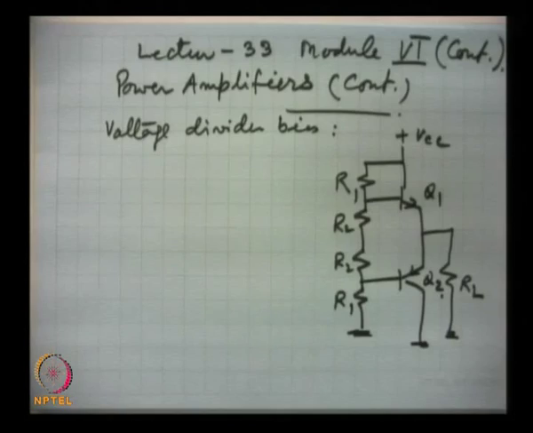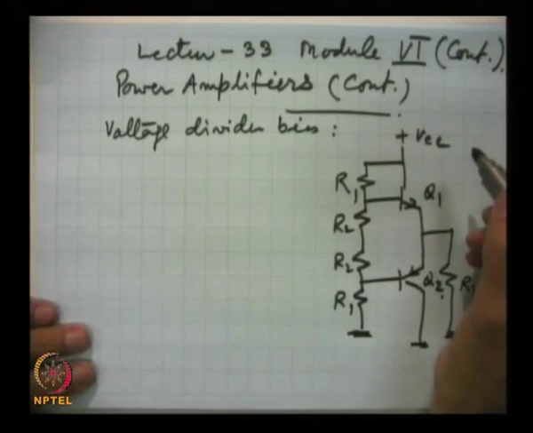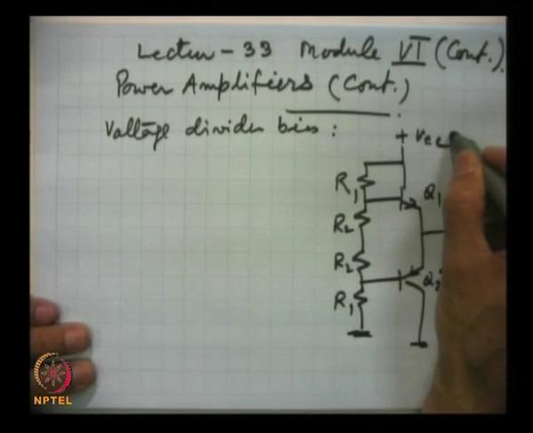This is the voltage divider bias. Let us take that this VCC is 40 volts.